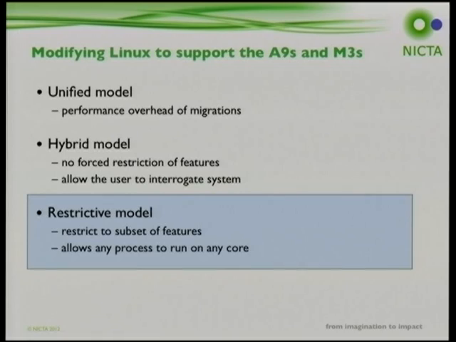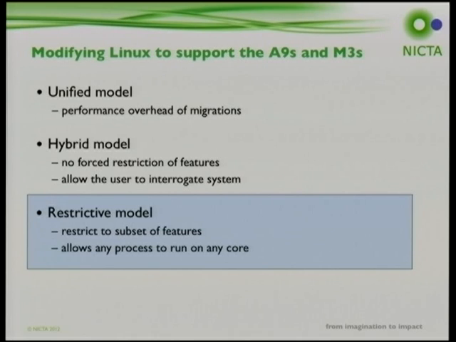So now we could move on to our main goal, which was trying to get Linux to run on both the A9 and M3 cores. Etienne went through a few models of ways to implement OS support for this type of system, and we chose a restrictive model. This restricts all user space programs to the subset of common features available on both types of cores, the common ISA, the common parts of Thumb2.